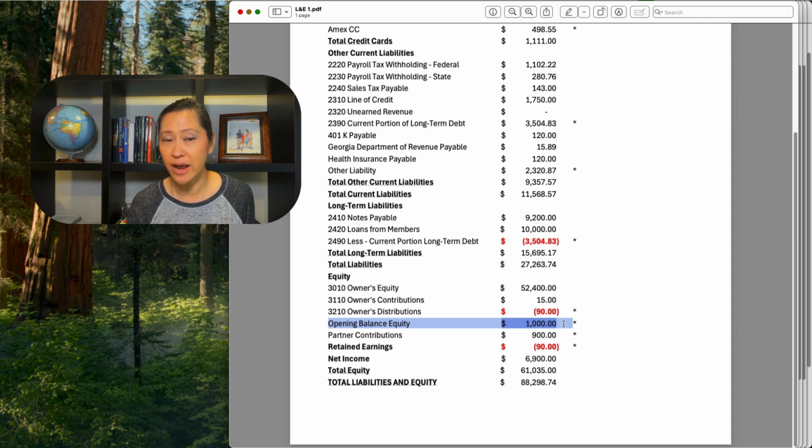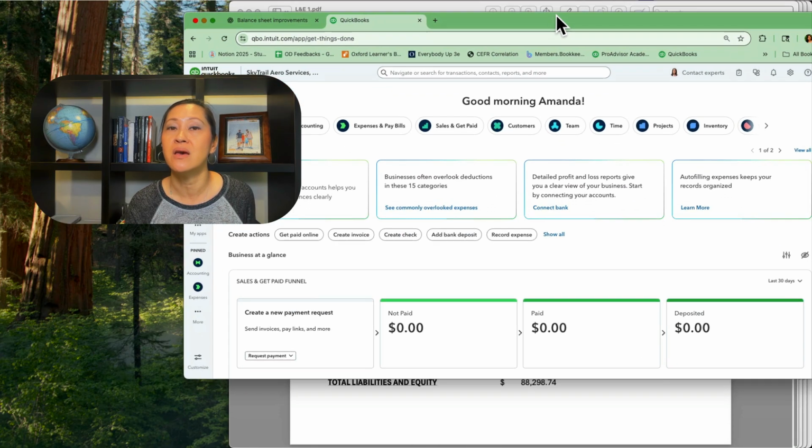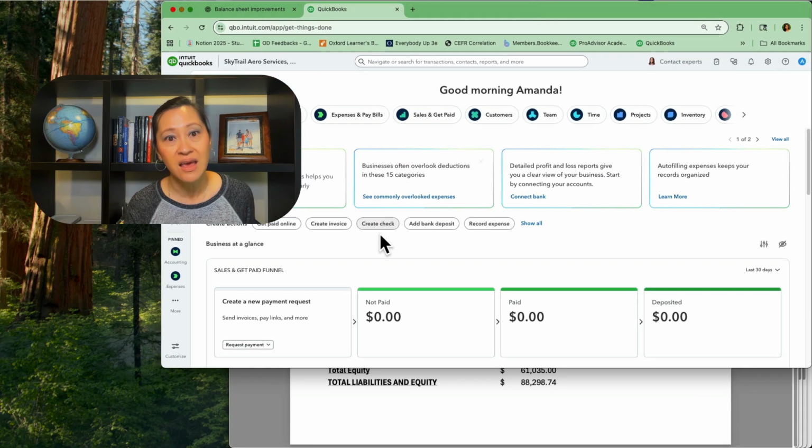When you create a brand new bank account in QuickBooks and enter a starting balance, QuickBooks has to ask itself, okay, what's the other side of this entry? Because remember, every entry needs 2 sides. If you don't tell QuickBooks where that offset should go, it uses a placeholder account called opening balance equity. That way, the books stay balanced.